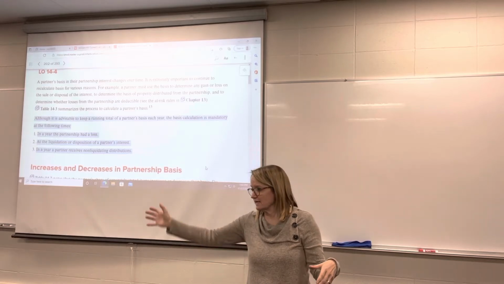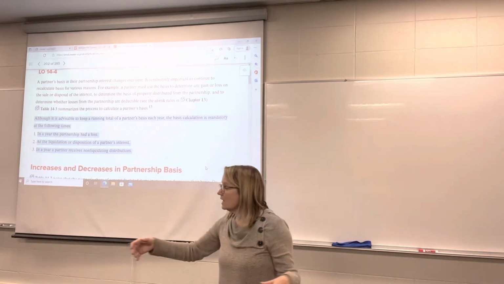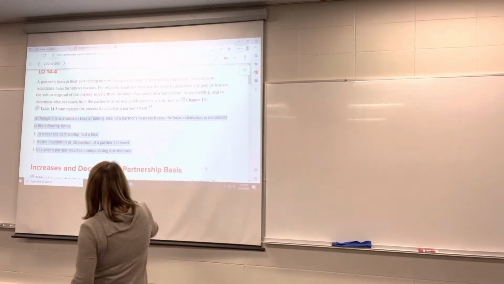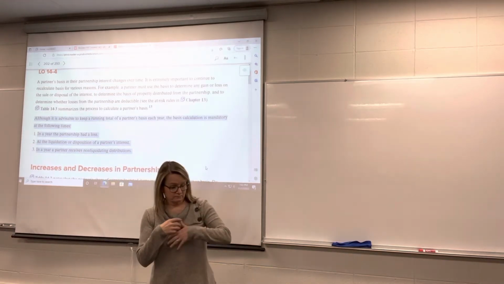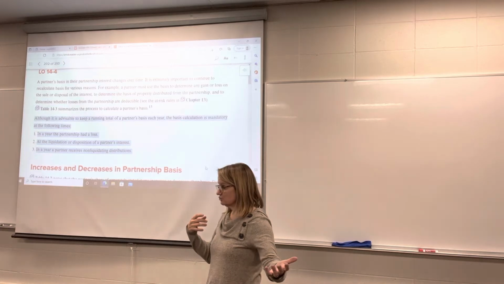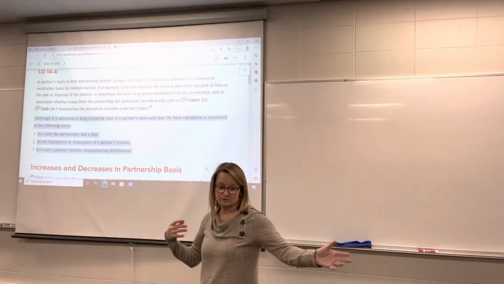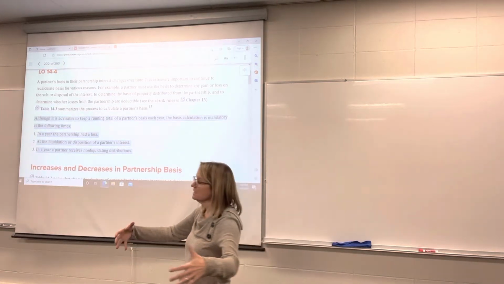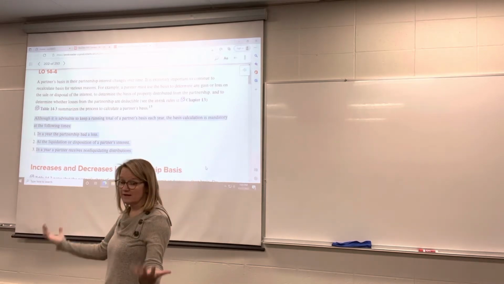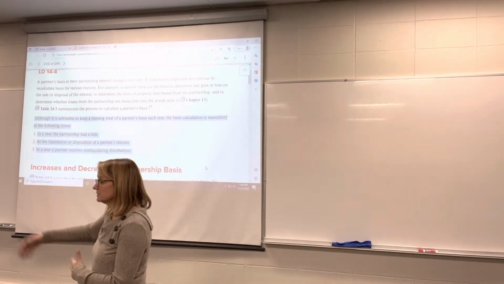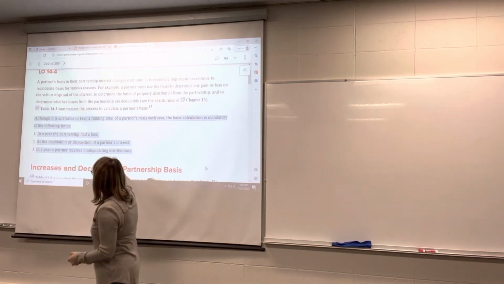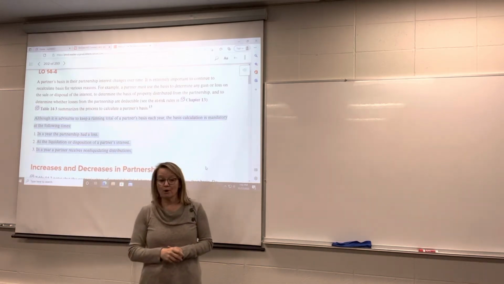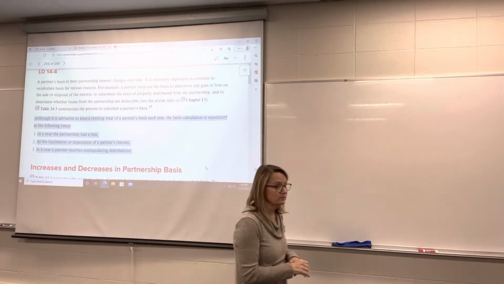So the partnership is buying out the third partner. That would be a liquidation. Disposition is where the partner sells their share to somebody else, to some outsider. So we started with 3 partners, and we still have 3 partners because one of the partners sold their share to somebody else.